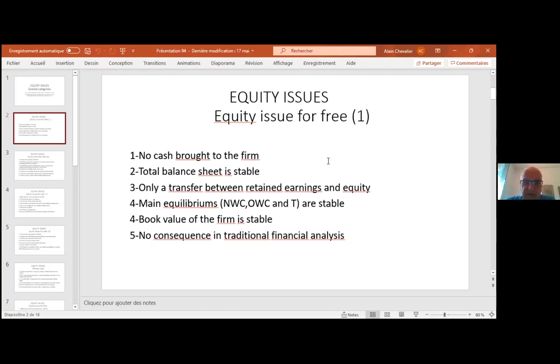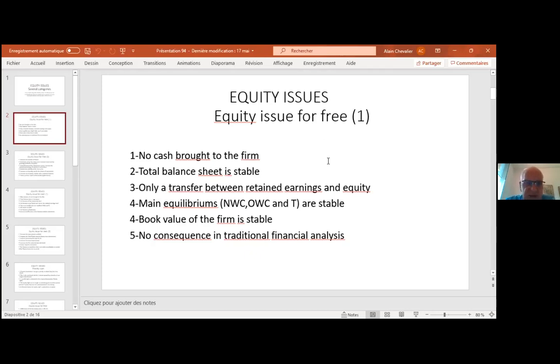In terms of the main equilibrium, this is point 4 here. In terms of main equilibrium, net working capital, operating working capital, and the cash level, just what I said, all these elements, equilibrium, are stable.